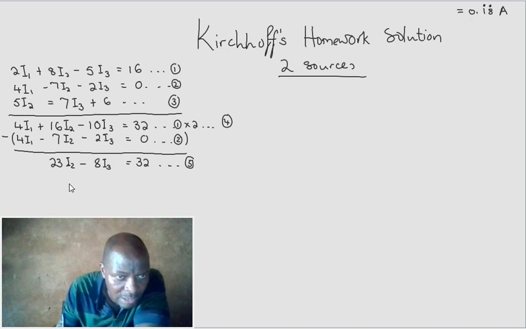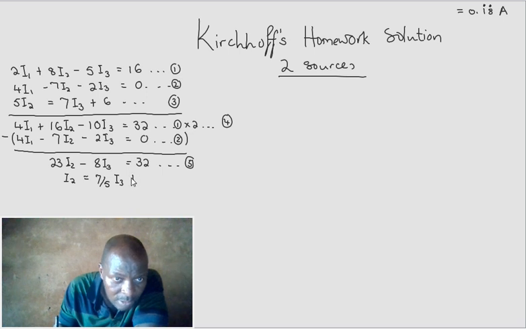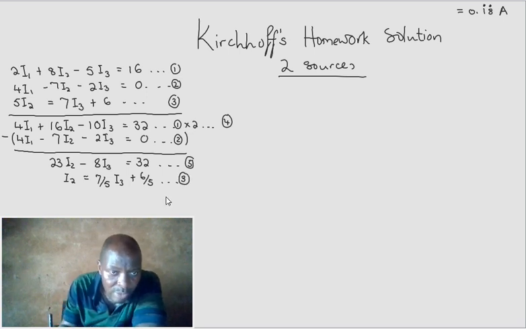Right, let's rather say I2 is equal to, divide by 5, there is going to be 7 over 5 I3 plus 6 over 5. This is me taking equation 3. I didn't change anything. I just made I2 the subject.